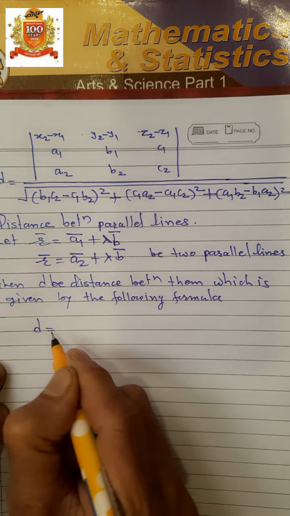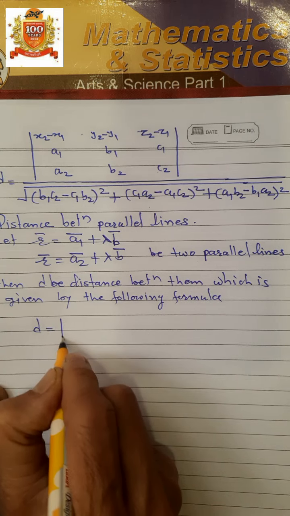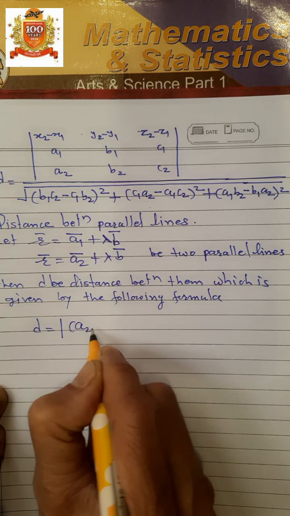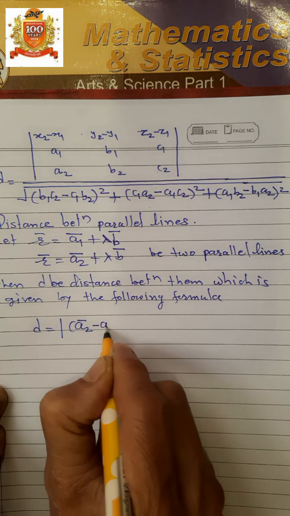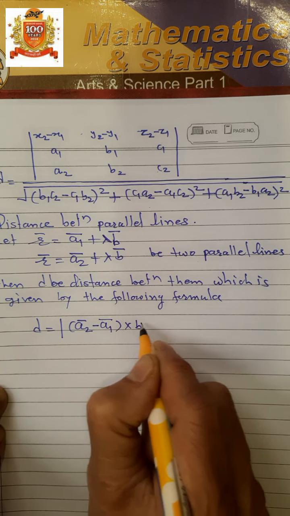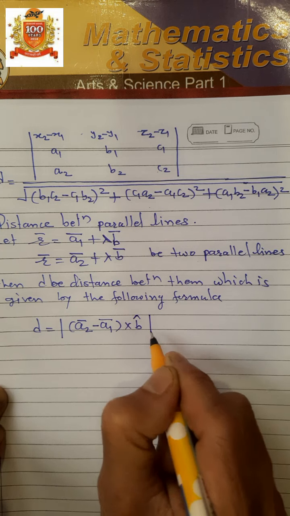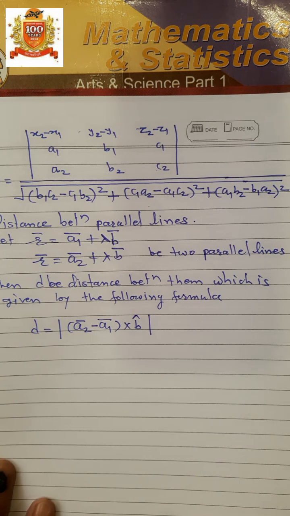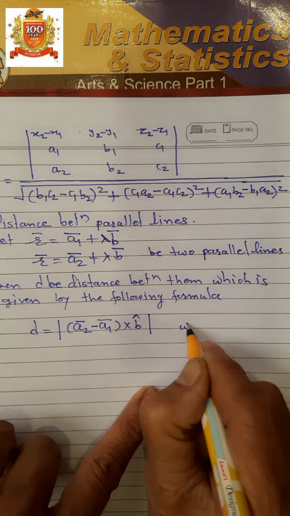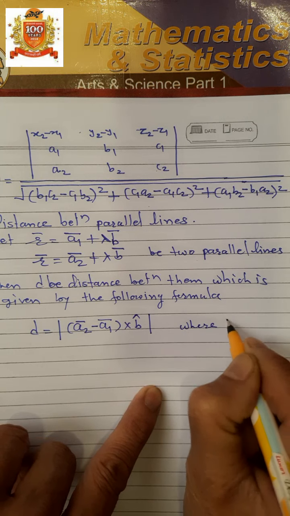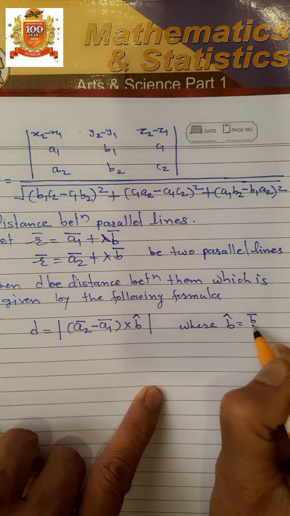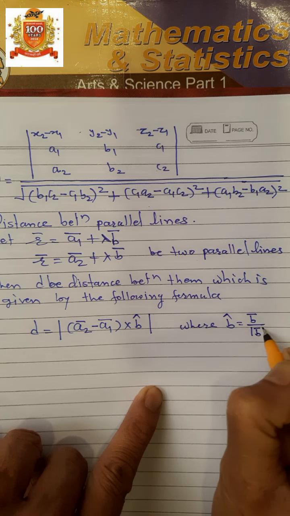D is equal to mod of a2 bar minus a1 bar cross b cap, where b cap is equal to b bar upon mod of b bar.